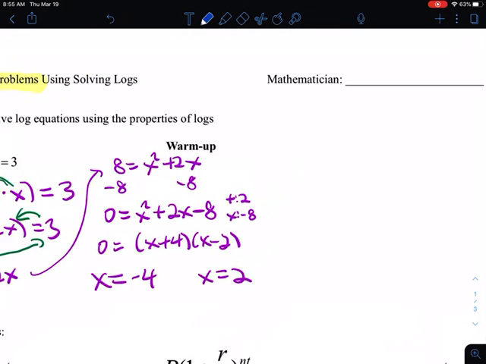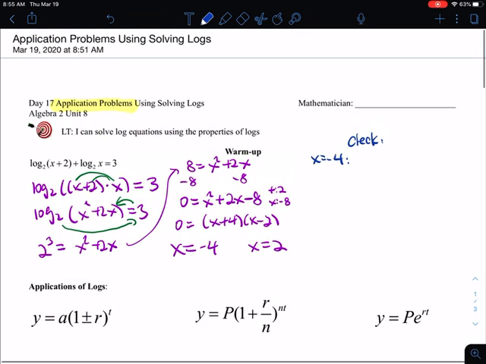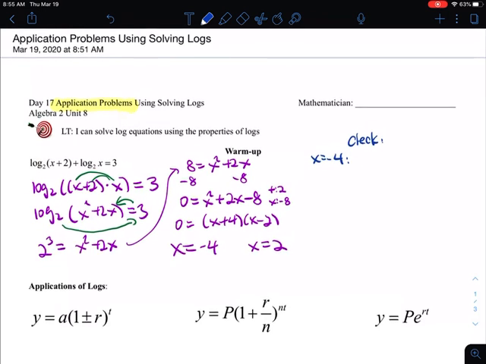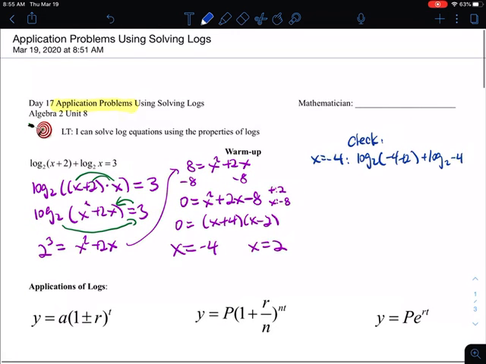But we should check both of those to make sure we don't have any extraneous solutions. So let's start with x equals negative 4. What's going to happen if we plug in negative 4 back into our equation? We're going to have log base 2 of (negative 4 plus 2) plus log base 2 of negative 4 equals 3.